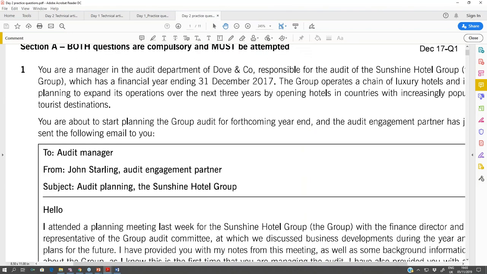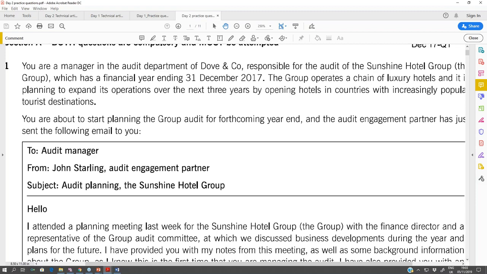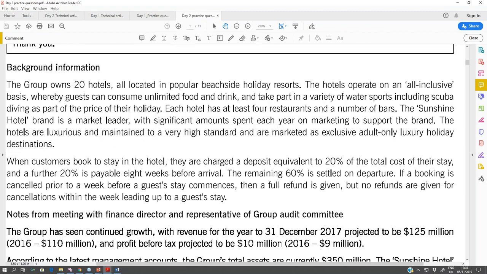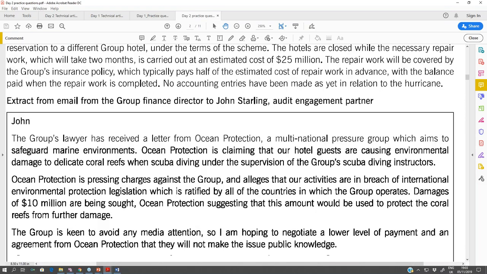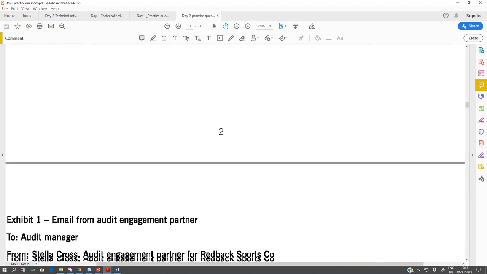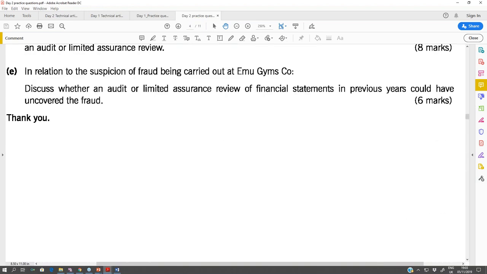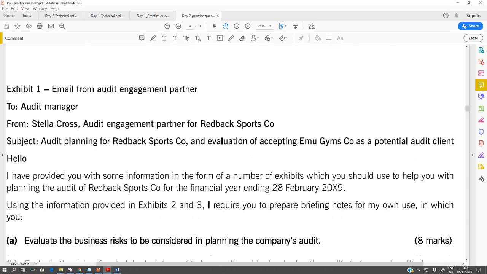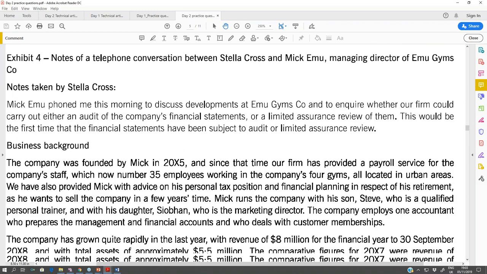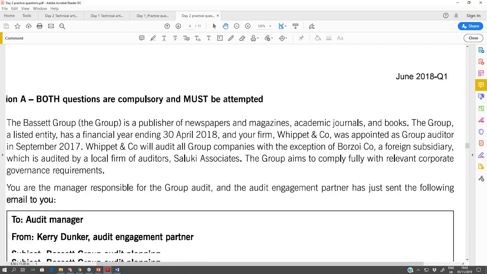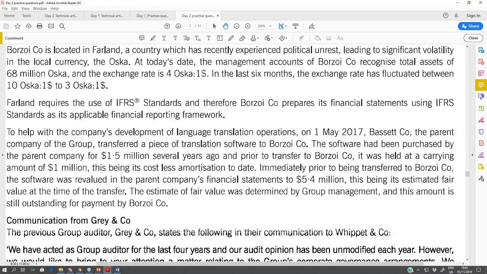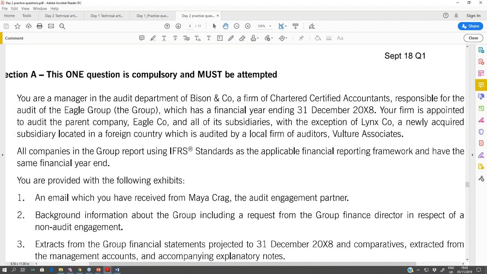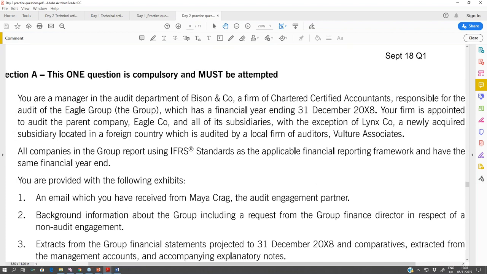And in the day 2 practice questions, we need to see first the September 18 question number 1. Okay, right in front of your screen is the September 18 question number 1. Let's see what was the unusual area in this question, so we have a fair idea whether we are prepared for it or not.